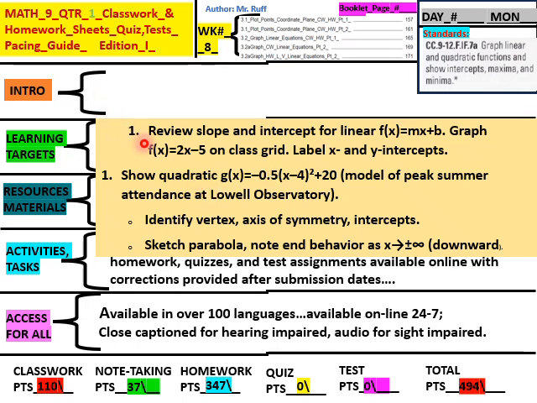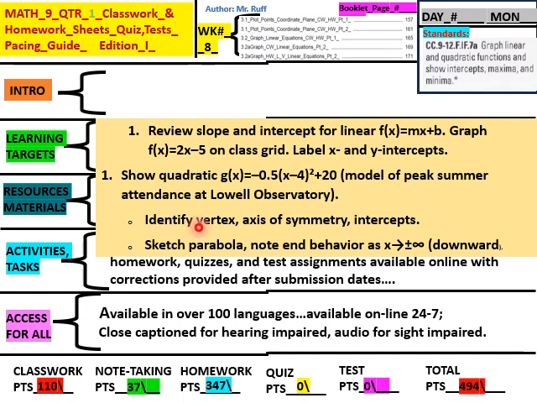One, we're going to review slope and intercept for linear equations, f of x equals mx plus b. Graph f of x equals 2x minus 5 on class grid. Label x and y intercepts. And then as well show quadratic g of x equals negative 0.5 times quantity x minus 4 squared plus 20, the model of peak summer attendance at Lowell Observatory.